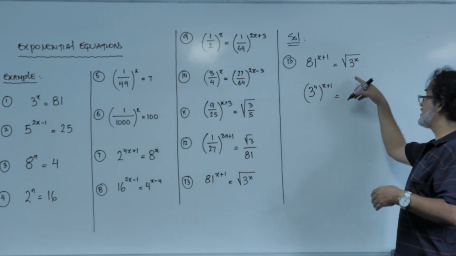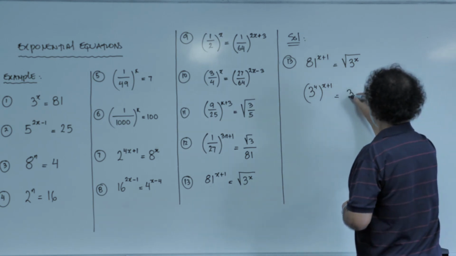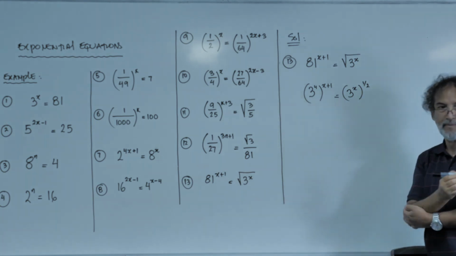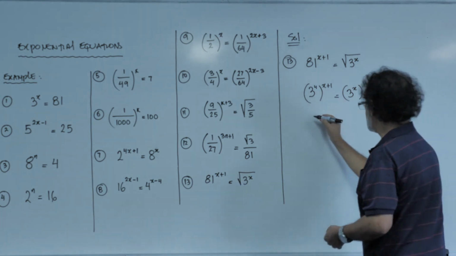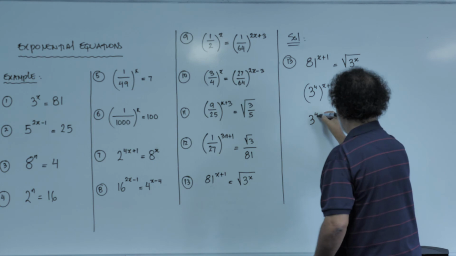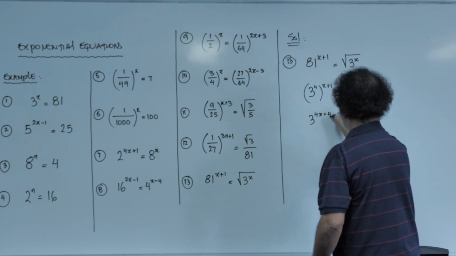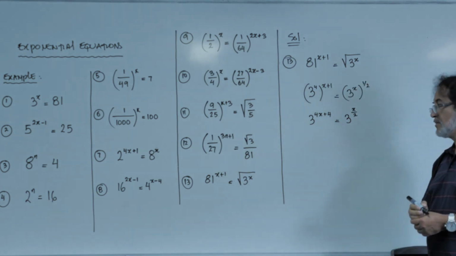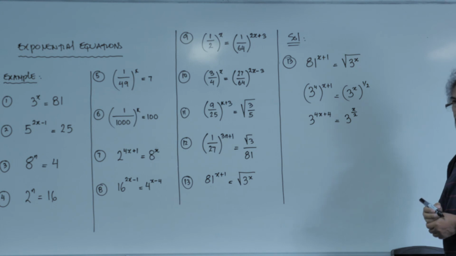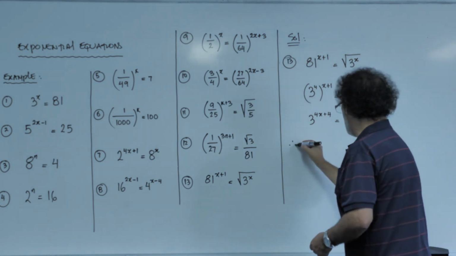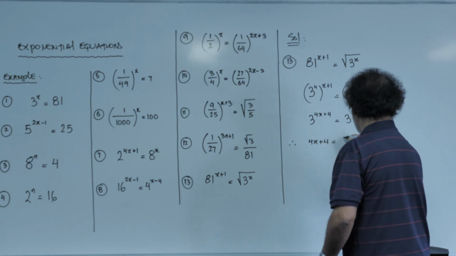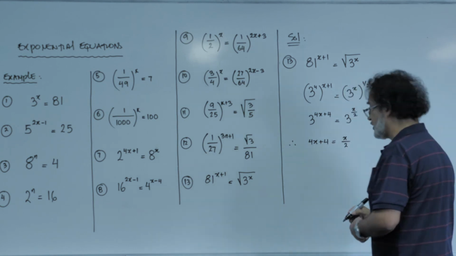Okay, and this I'm going to do step by step. This is going to be 3 to the power of x, and then to the power of a half. Okay, and this is going to be 3 to the power of 4x plus 4. And then on the other side, we're going to have 3 to the power of x on 2. Right? So therefore, we're going to have that 4x plus 4 is equal to x on 2.